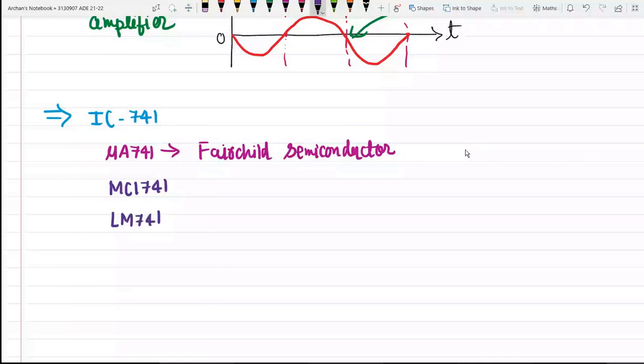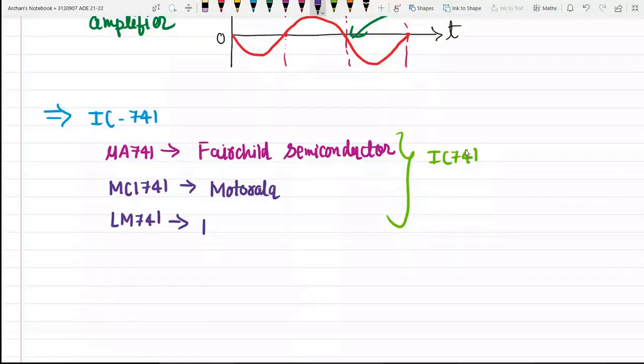All these ICs are simply known as IC741 op-amp, so we will drop these prefixes μA, MC1, LM1. MC741 is manufactured by Motorola. LM741 is manufactured by National Semiconductor Company.